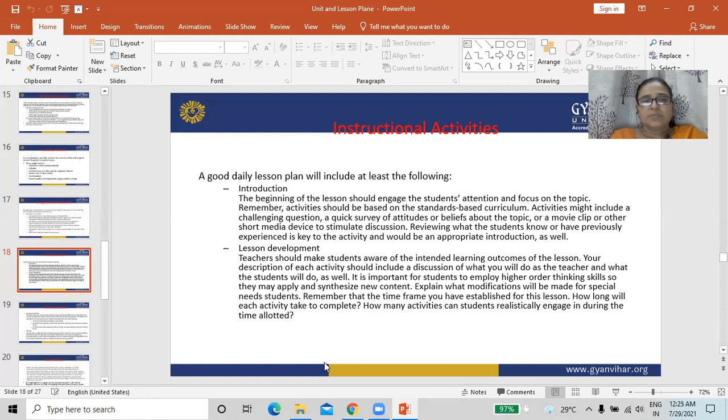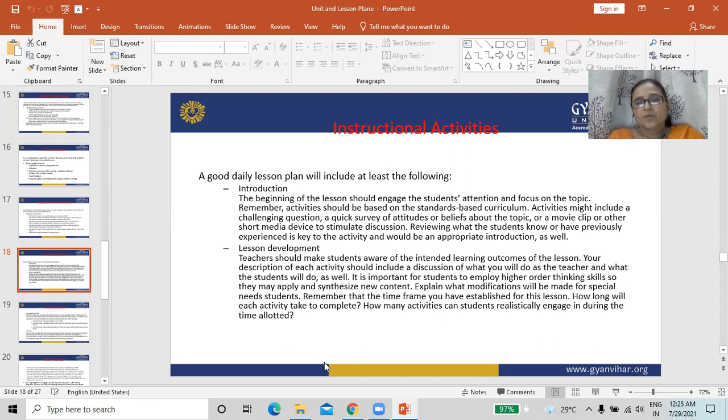Remember, activities should be based on the standards-based curriculum. Activities might include a challenging question, a quick survey of attitudes or beliefs about the topic, or a movie clip or other short media device to stimulate discussion.